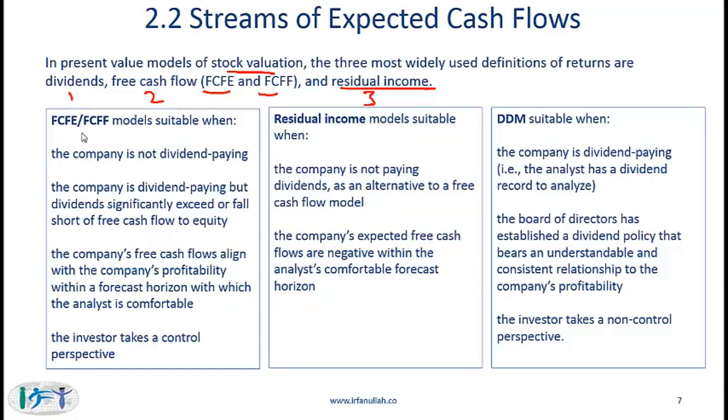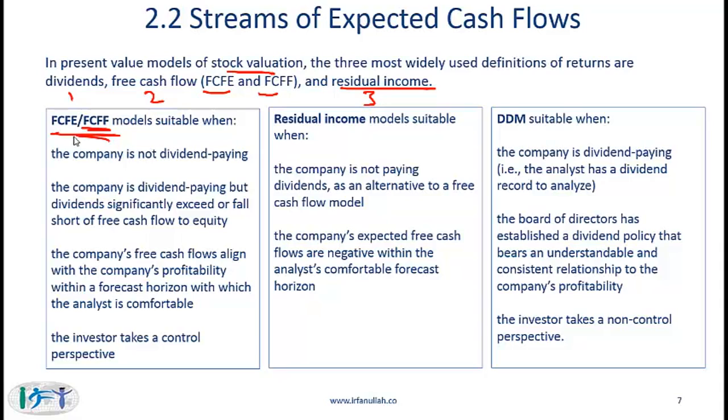Let's start with free cash flow. Free cash flow to equity is the overall cash flow generated by a company that is available to equity holders. And free cash flow to firm is the cash flow generated that is available to all investors, both bondholders and equity holders.